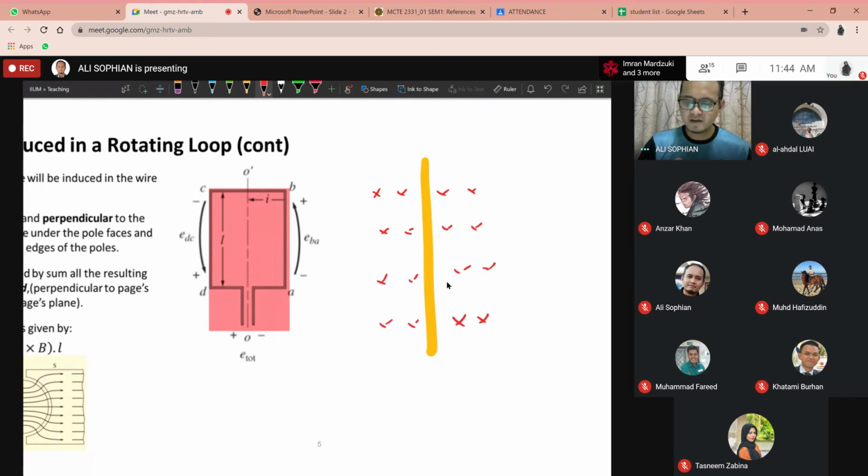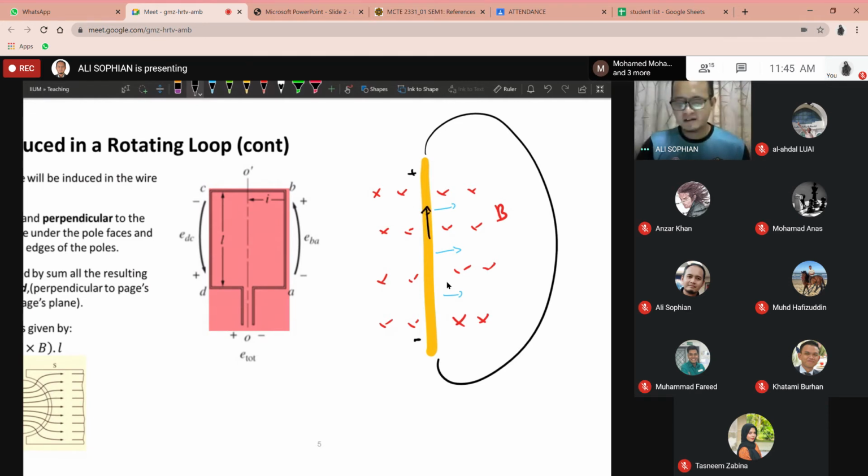This is B, the magnetic field, and then your wire is moved, cutting across the lines of the magnetic field. Then remember that voltage will be induced in the wire. If you close the loop somehow, then current will flow.